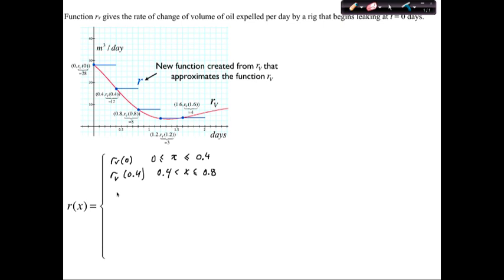Okay, so you remember. All right. Tino, what's the next line? It would be R_V of 0.8, from 0.8 less than x less than or equal to 1.2.